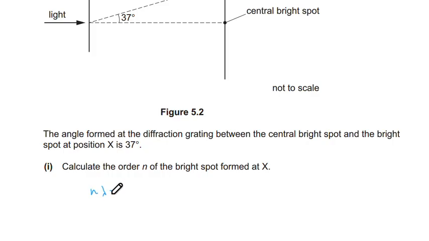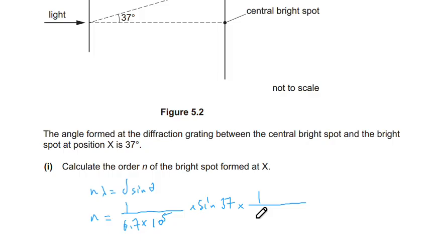And n lambda equals d sine theta, and we need n, so it is d sine theta divided by lambda. d is 1 over the line's density, which is given in the question, sine theta is sine 37, and 1 over lambda will be 1 over 4.5 times 10 to the minus 7.